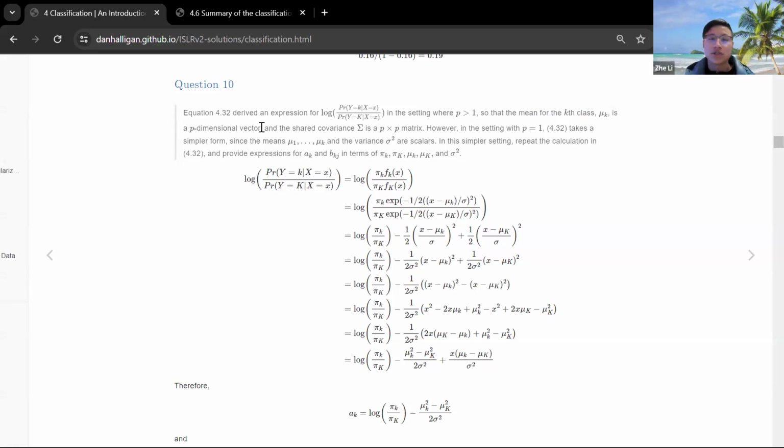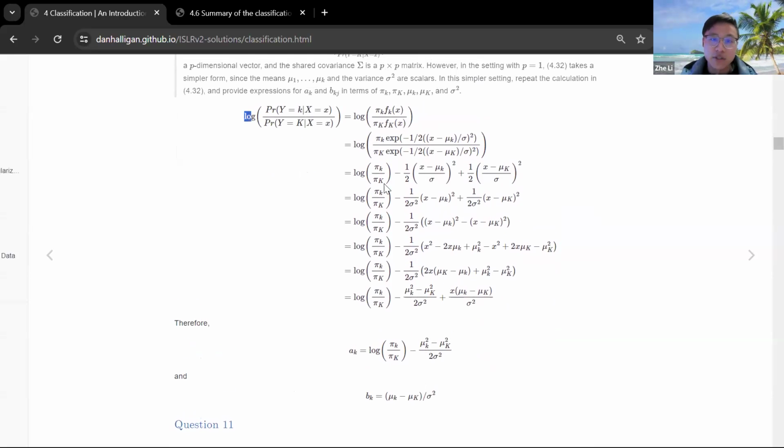It means that we have to use matrix calculation here, and they share the covariance. So it is an LDA case, not an unequal variance case. So in this case, we just say p equals 1. It simplifies a lot, and we have to derive this function.